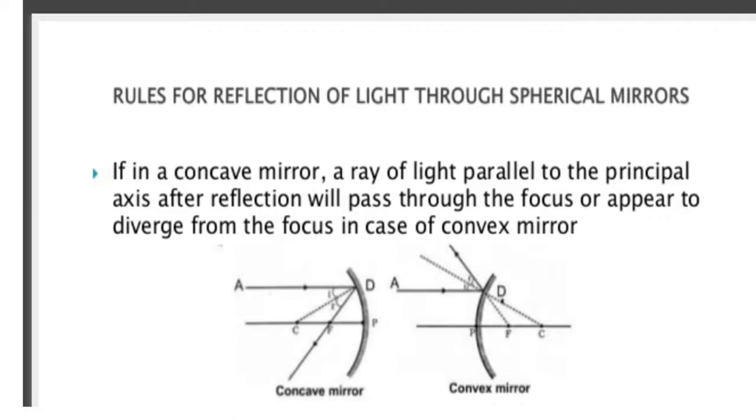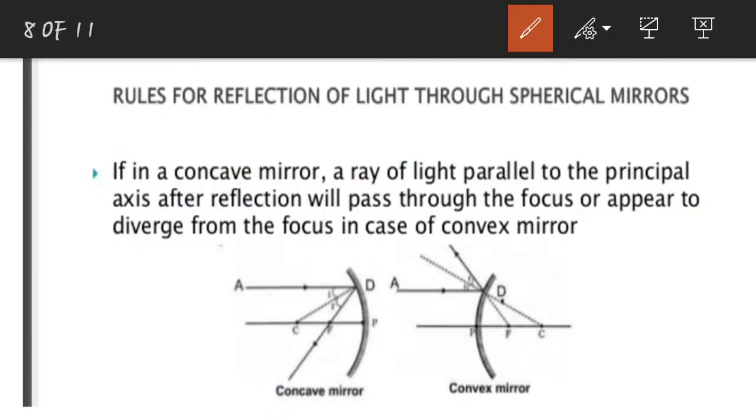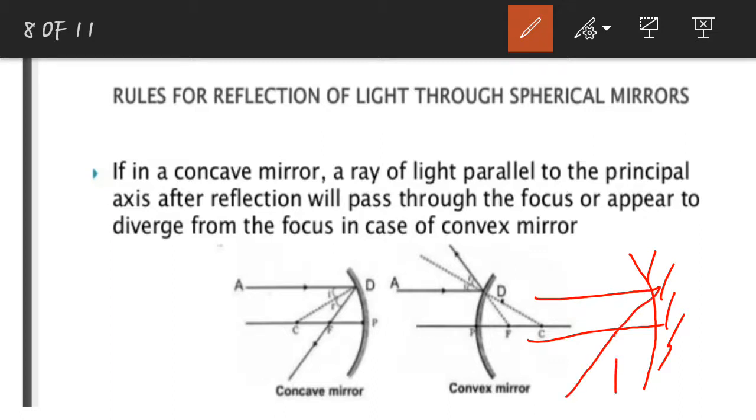So the first rule, when we are drawing the diagrams, rule 1 will be: this is a concave mirror, this is a convex mirror. A line parallel to the principal axis always passes through the focus. If we have a concave mirror, in this concave mirror a line parallel to the principal axis always passes through the focus.